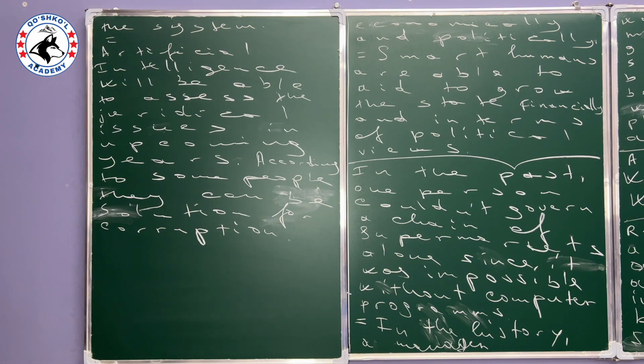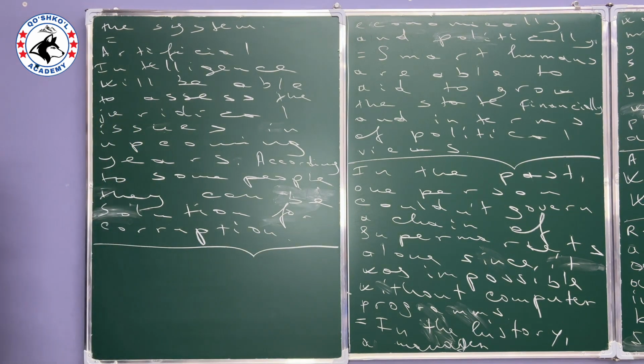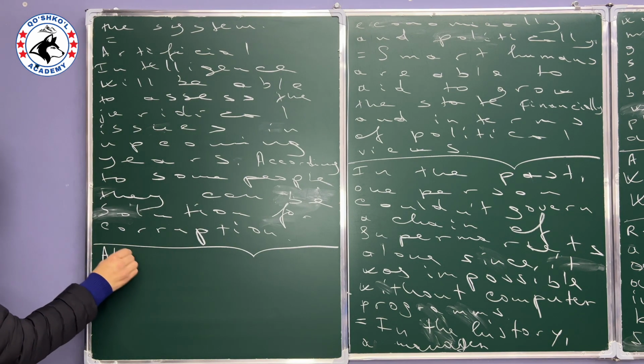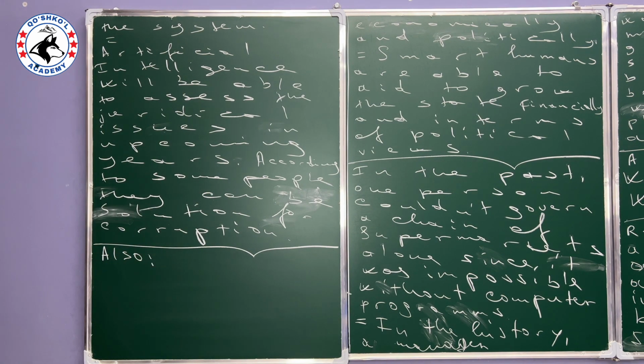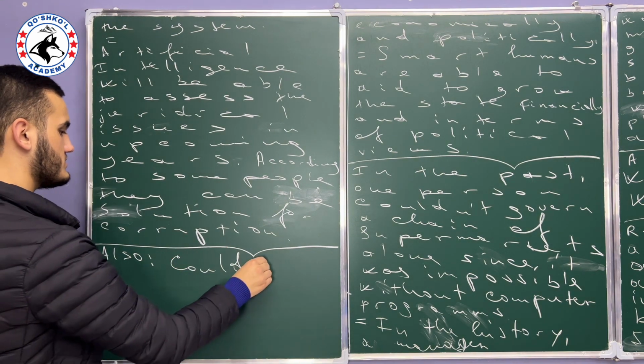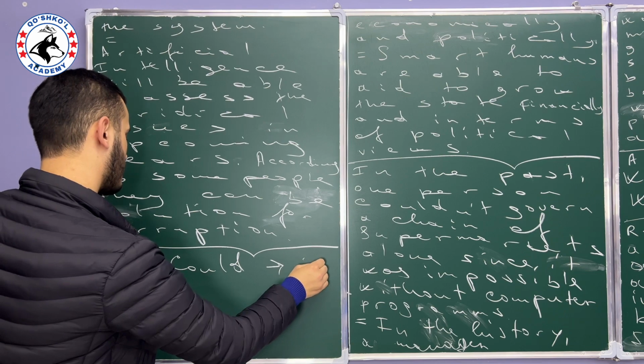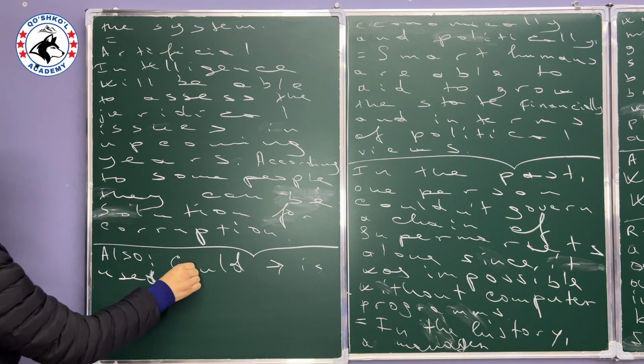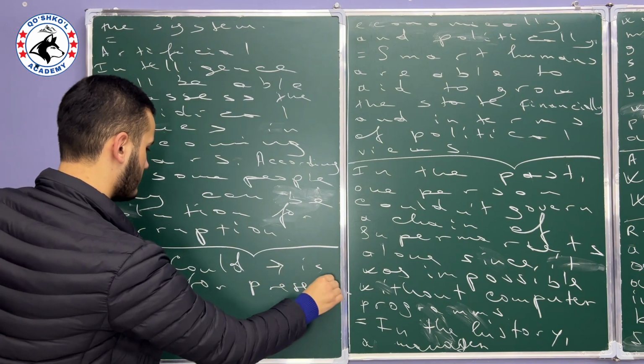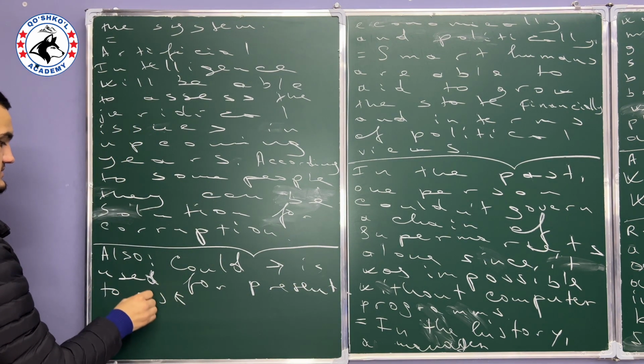I use some words and phrases with synonyms, word families, and even parallel expressions, ladies and gentlemen. We have one also here. We said can be used for the past, but we can use could for the present. Could is used for the present to ask polite questions.